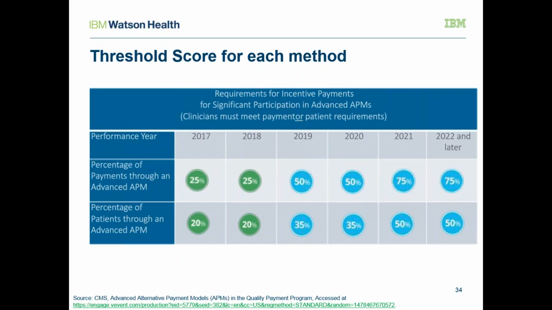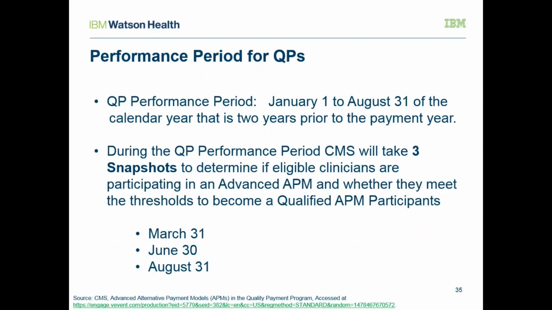Next slide. The performance period that physicians in an advanced APM will be evaluated on is, well, I said a calendar year, but it's January 1st to August 31st. Remember, CMS always has a 2-year look-back period.